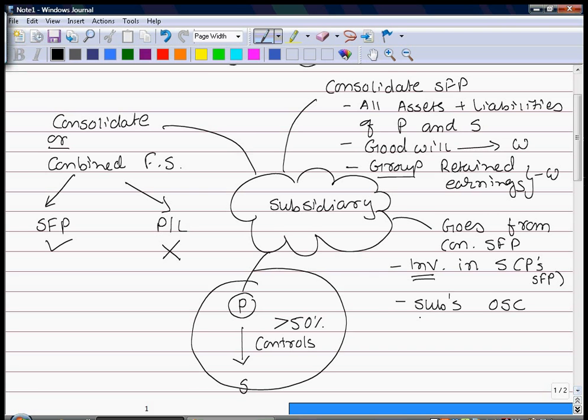However, who purchased the subsidiary shares? Well, the parent purchased it. They are no longer with the external people, they are with us, and that means we bought our share back, so we cannot include that in the financial statements. They are not outstanding anymore, they are with us. So we need to eliminate that as well.